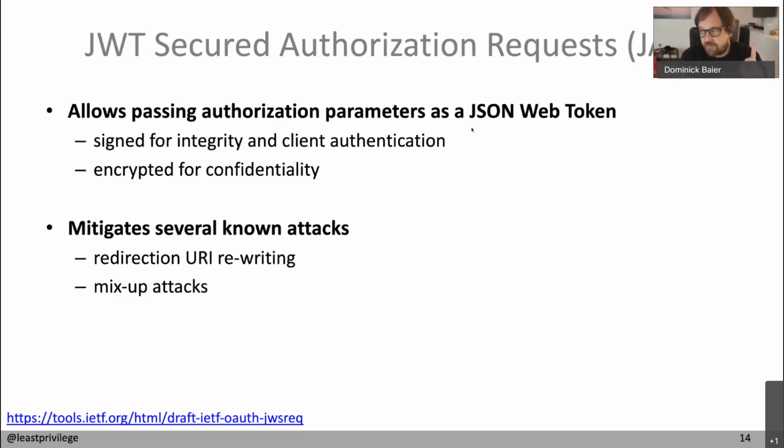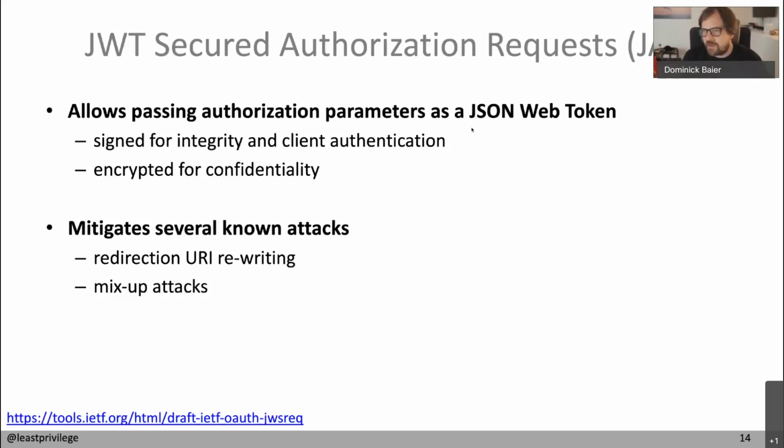You can, which is pretty cool, authenticate the client already on the front channel and don't have to wait until the back channel. And if confidentiality is a thing, then you can also encrypt these tokens if you want, and then basically avoid a whole class of attacks that deal with leaking data, rewriting URLs, or mix-up attacks, things like this.